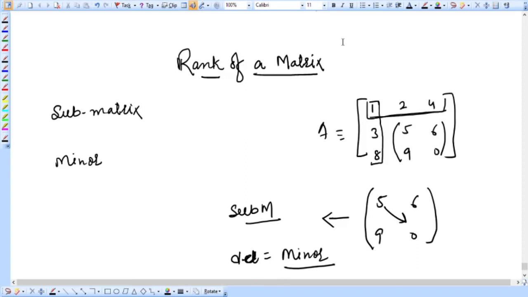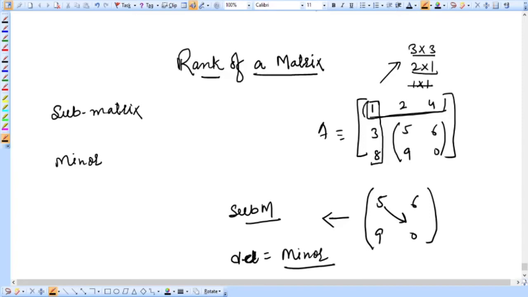so you see here, minor can be of order 3, right? Because the full matrix is also a submatrix of itself. Therefore minor can be of 3 by 3. In this case minor could be of 3 by 3, 2 by 2, and 1 by 1.